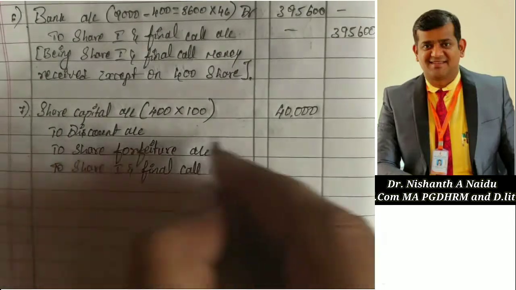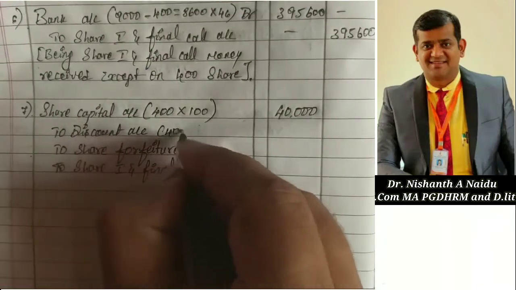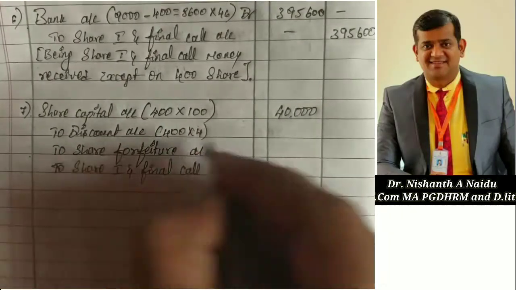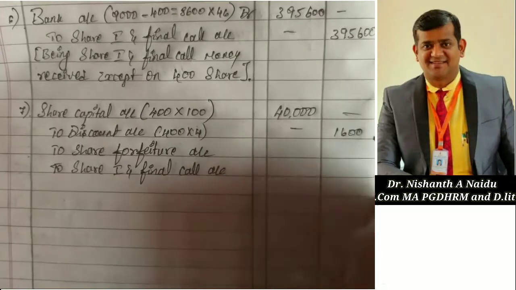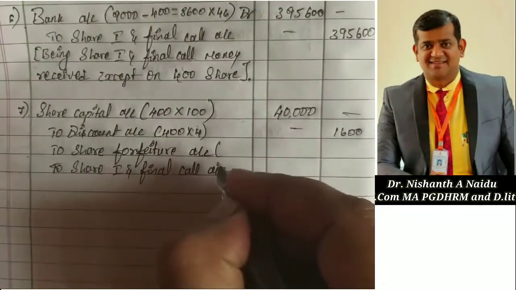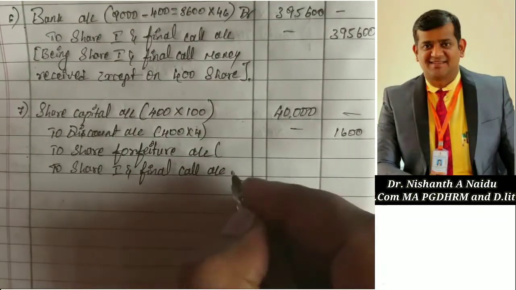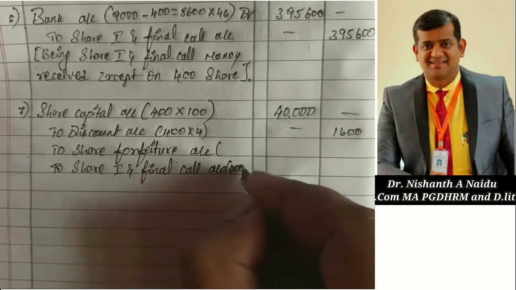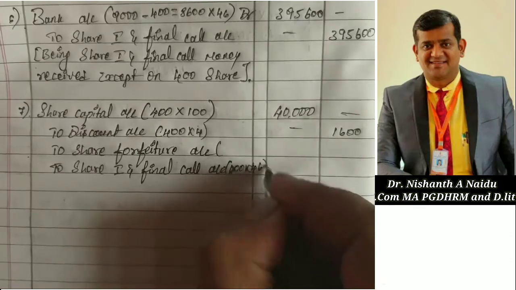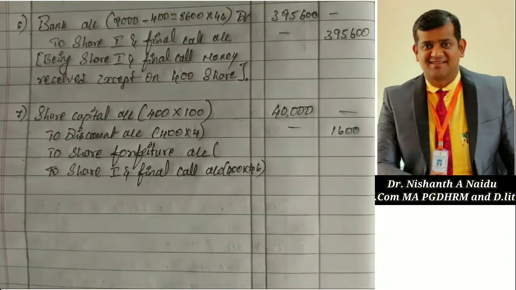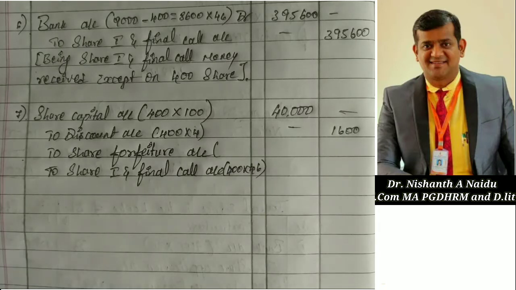Understood? So now the discount, how much? 400 into 4 is 1,600 rupees. Share forfeiture account: how much they paid and how much they did not pay. They did not pay the first and final call money of 46 rupees, so 400 into 46 is 18,400 rupees.